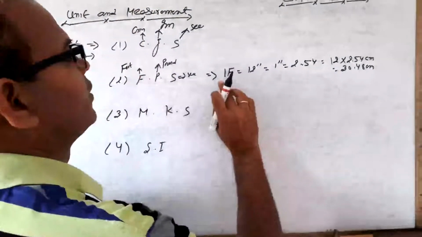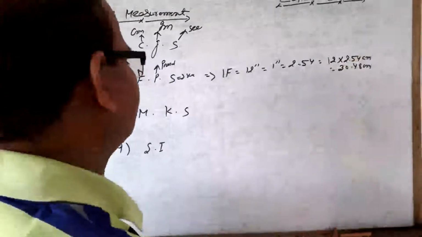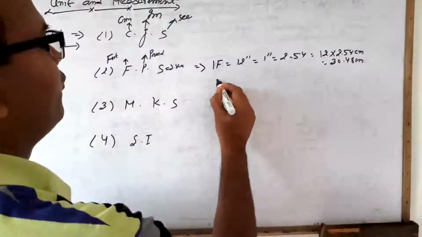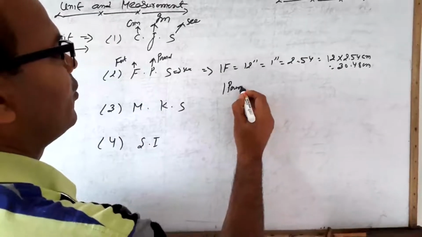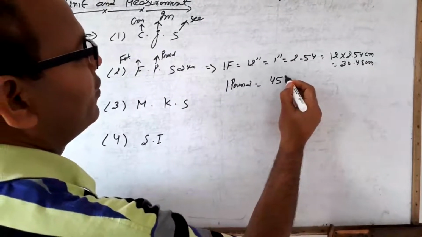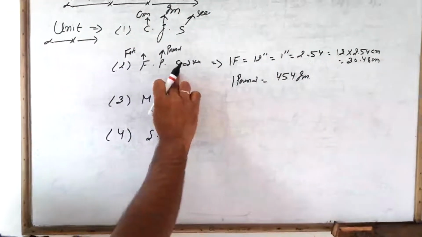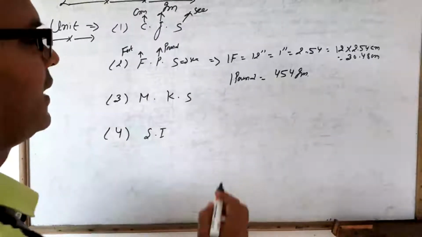It means 1 foot equals 30.48 centimeter. 1 pound equals 454 gram. And the second is applicable for time.